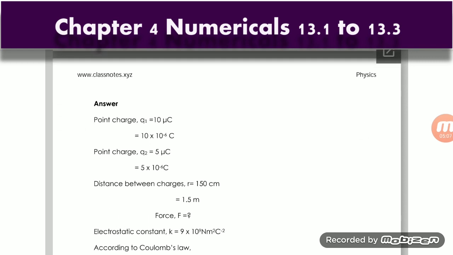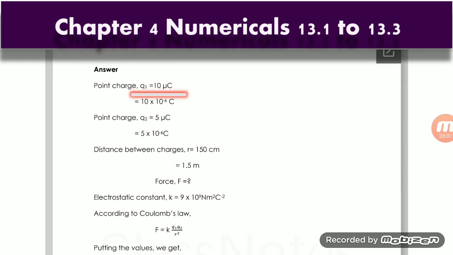We will write the given data. The point charge Q1 is equal to 10 microcoulombs. We change it into scientific notation. As you know, for micro we put 10 raised to power minus 6, and it becomes 10 multiplied by 10 raised to power minus 6 coulombs. Point charge Q2 is equal to 5 microcoulombs, which becomes 5 multiplied by 10 raised to power minus 6 coulombs.